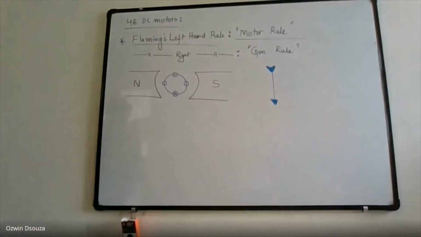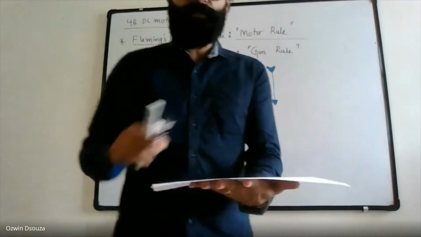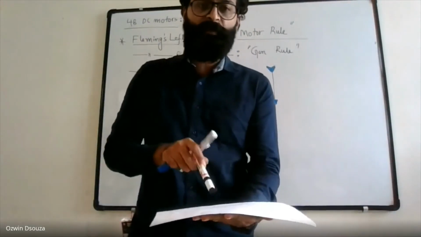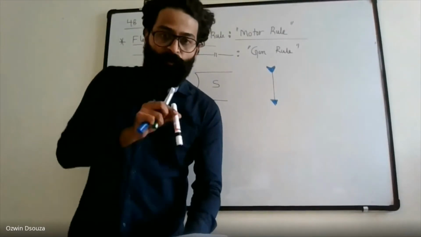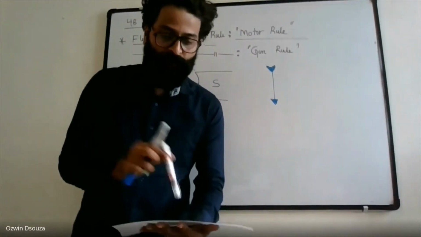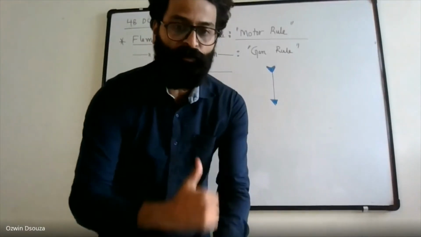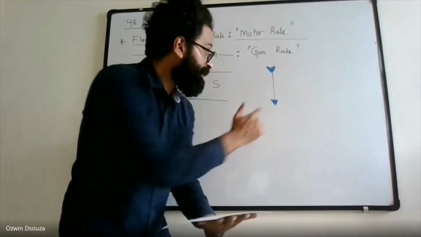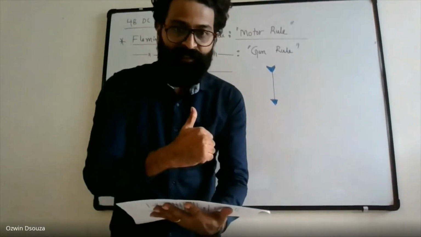What you have to do is imagine a plane of paper. So this is your paper plane. If an arrow is coming out of the paper, let's say the current is coming out of the paper. So current is being replaced with an arrow. What you can see is the tip of the arrow.